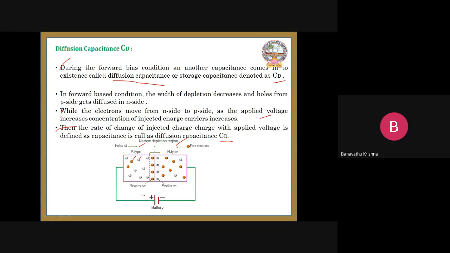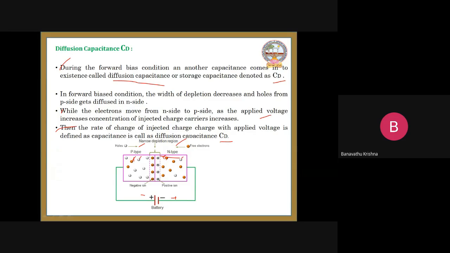Then they accelerate and move towards the junction. Similarly, on the other side, the holes are the minority charge carriers with a positive charge, and since we apply the positive terminal, they also move towards the junction. Due to this movement of minority charge carriers, we expect a current, which is the reverse saturation current.